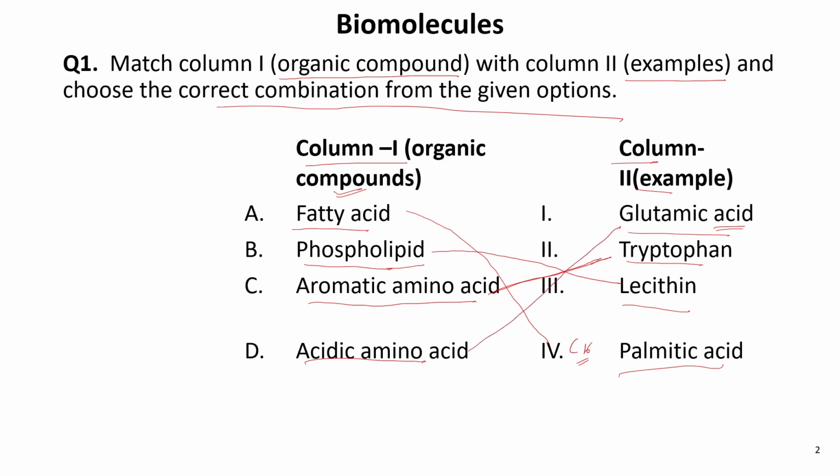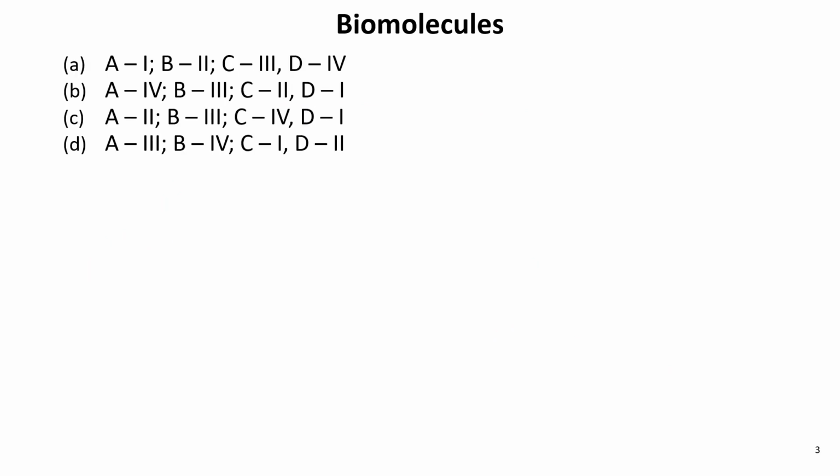So A is matched with 4, B is matched with 3, C is matched with 2, and D is matched with 1. This is the correct matching of the organic compound with its examples. Moving to the next question.